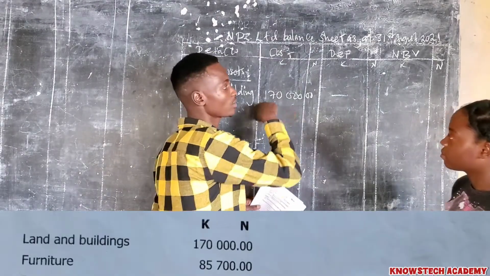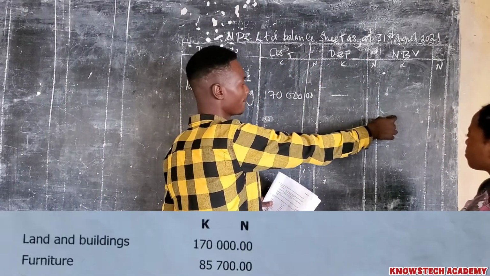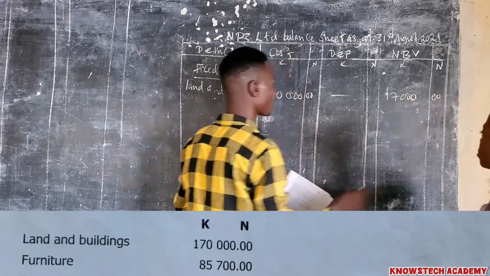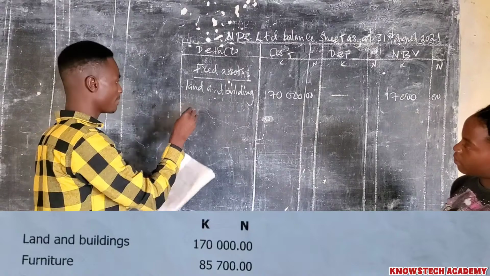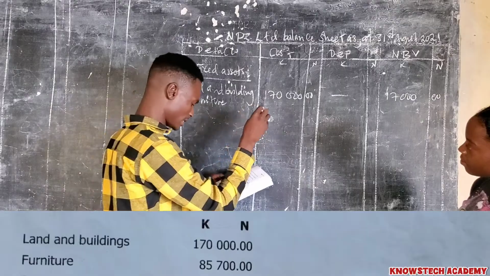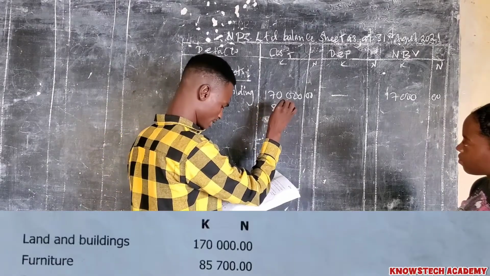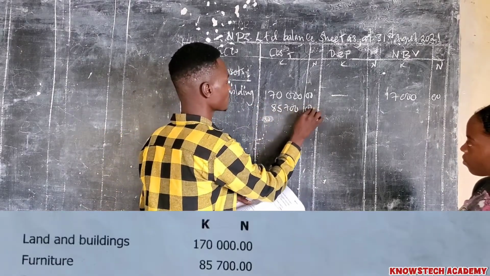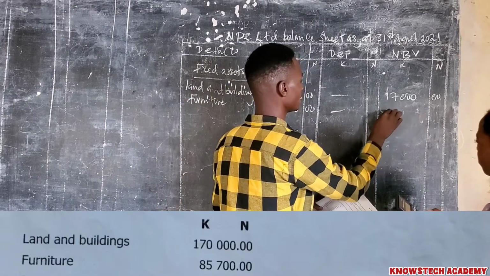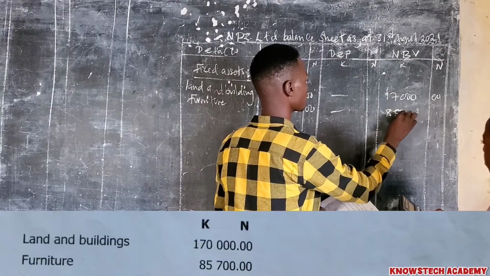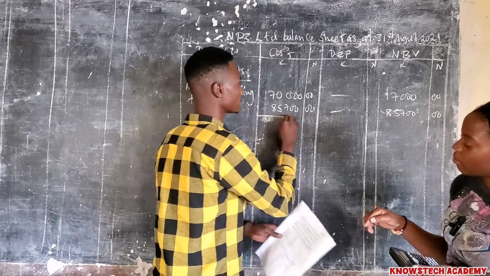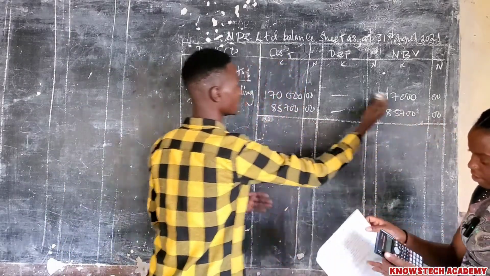So the same amount is put aside: 170,000. Another one is furniture, 85,700, no depreciation, the same amount, 85,700. So we are going to add these.